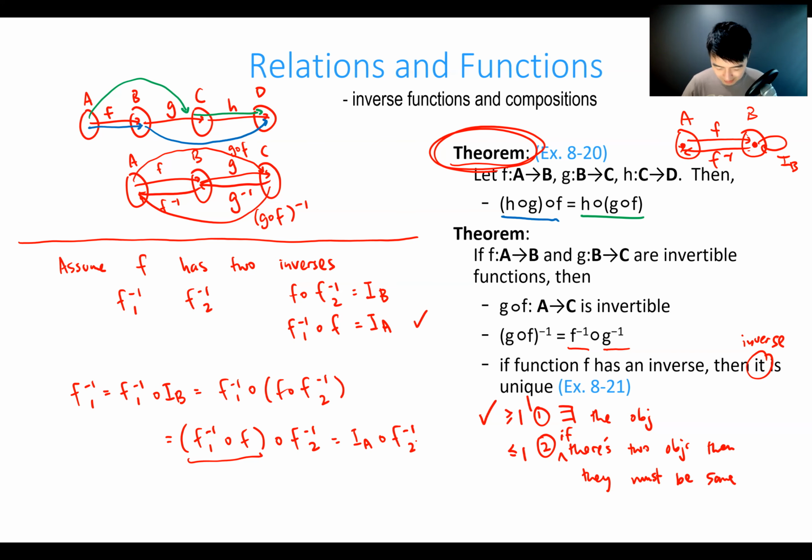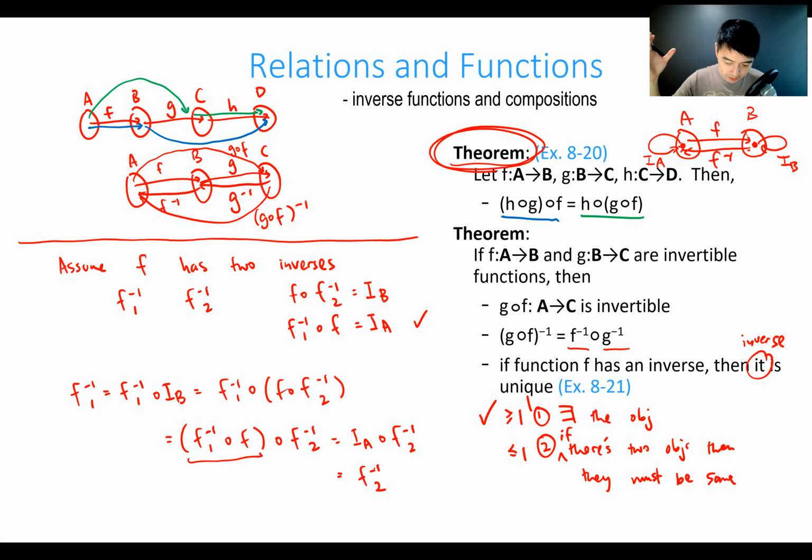So again, let's take a look at our chart over here. If I took an inverse and then I take the identity of A, well, it should be the same as our original inverse, right? So I hope you can see that all of these are equalities.